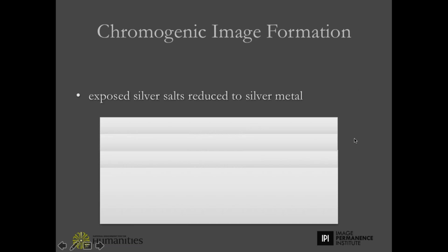So the chromogenic process is the most popular color process of the 20th century. It begins by exposing the material to light, either in camera or through a negative, depending whether you're making a print or a negative or a positive transparency. The latent silver image is formed through exposure to light, and the silver image is made visible through development. There's our silver image.